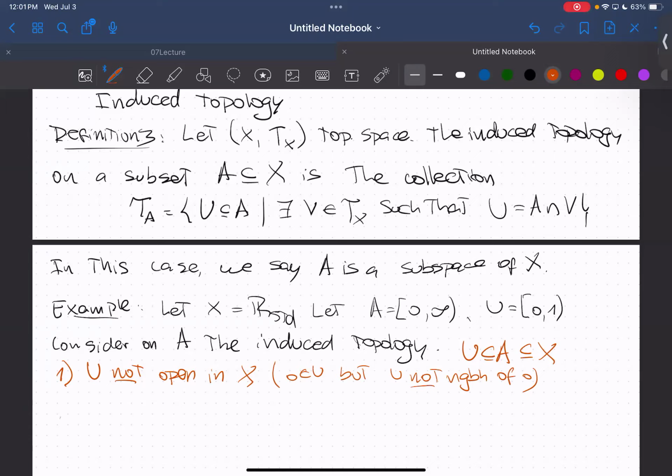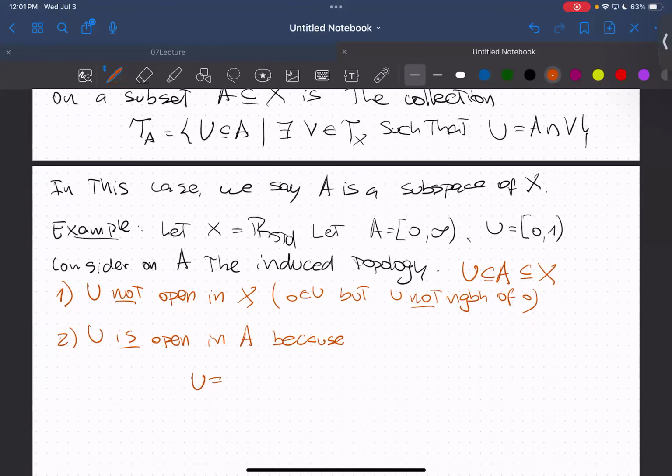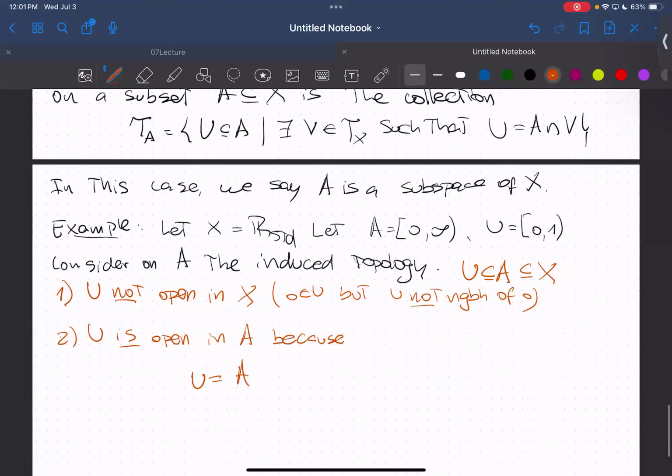However, U is open in A with the induced topology, because I can just write my U as A intersection, for example, this open set, and this is open in the reals.